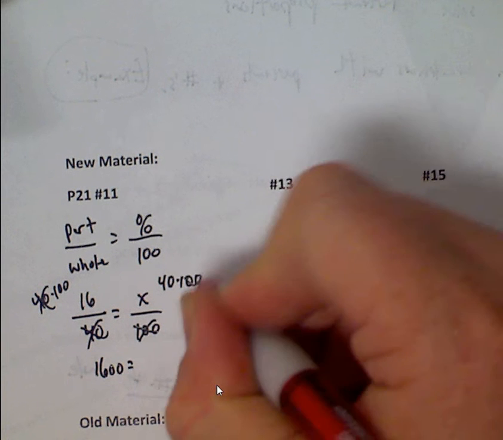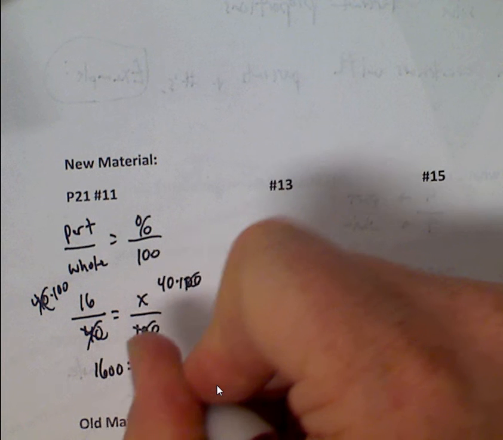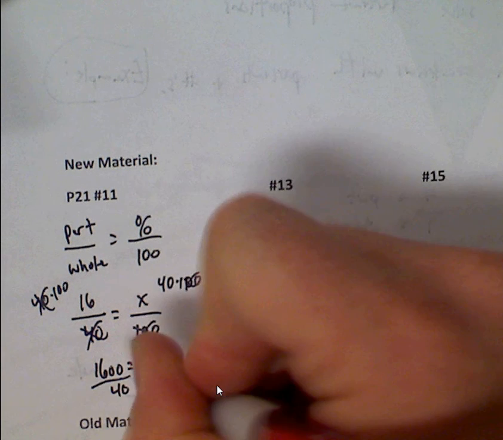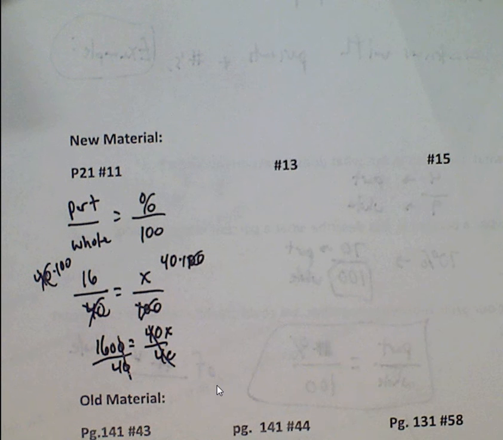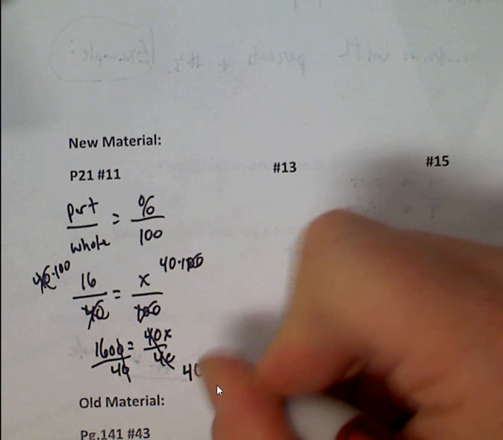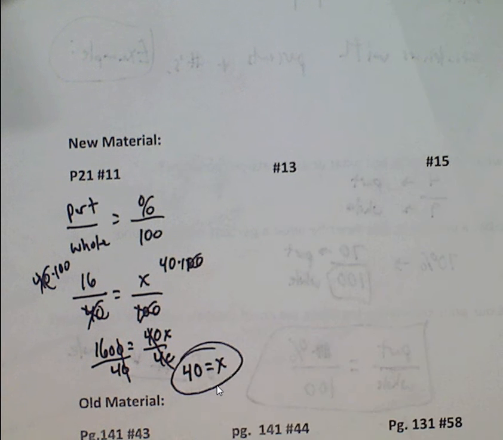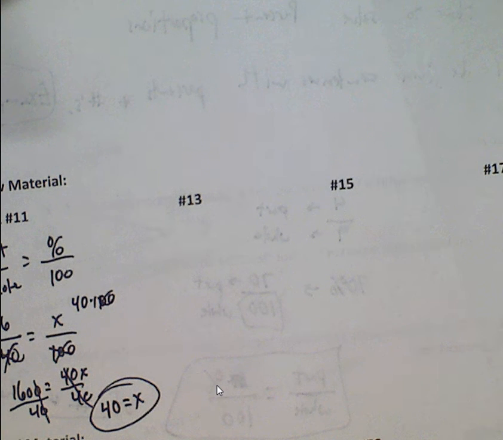My hundreds go away, so I'm left with 40x. If I divide by 40, divide by 40. A shortcut on simplifying, if I have a 0 on top, 0 on bottom, those go away. 160 divided by 4 would be 40. So 40 equals x.